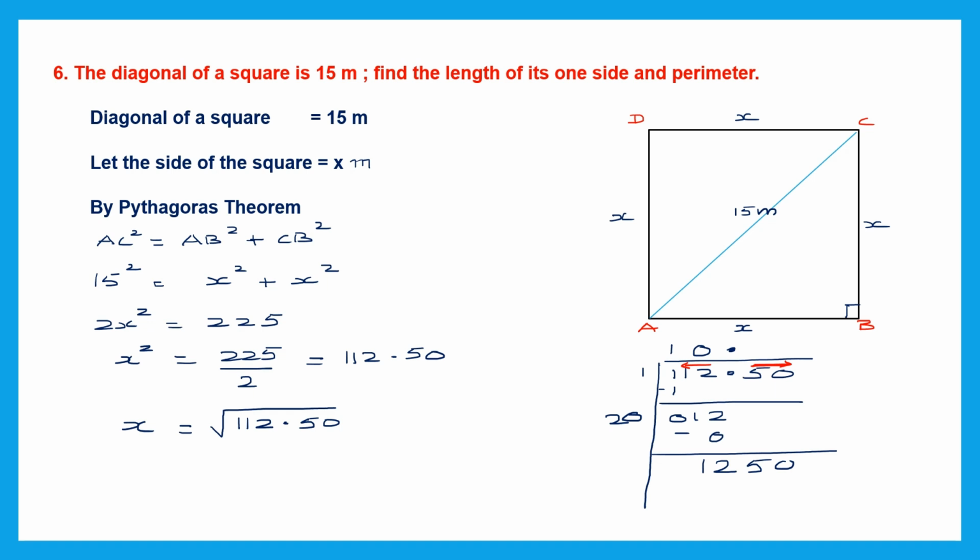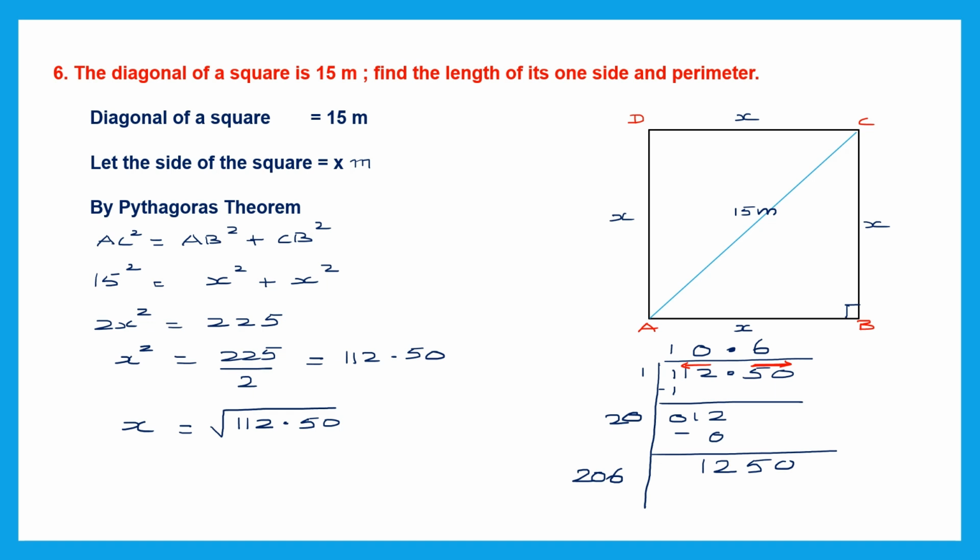So now it is 1250 and then I have to double my quotient again. I have 10 here. I'm going to double it. It becomes 20. Now I need to get a number next to this in such a way that when I multiply with the same digit, I get somewhere close to this. So I'm going to multiply this with 6. So if I multiply with 6, I need to add 6 here.